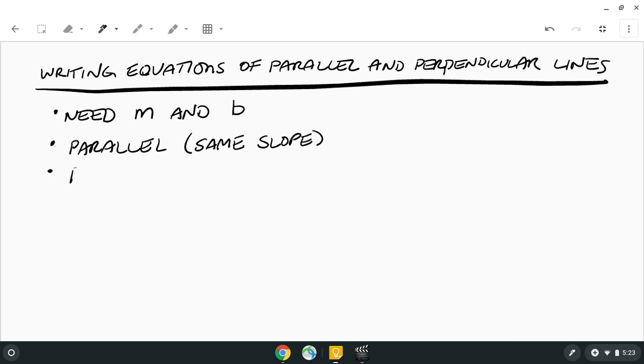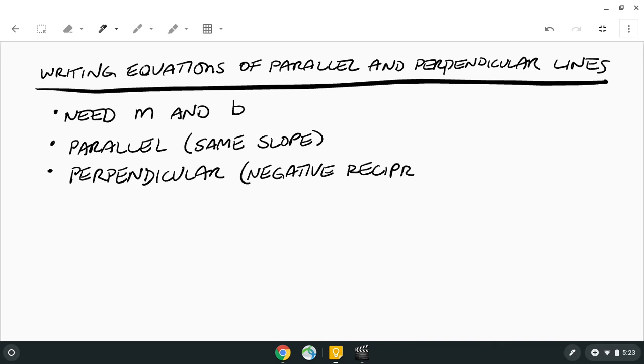And perpendicular lines have negative reciprocal slopes. Remember, that means you take the opposite sign and you flip the fraction.